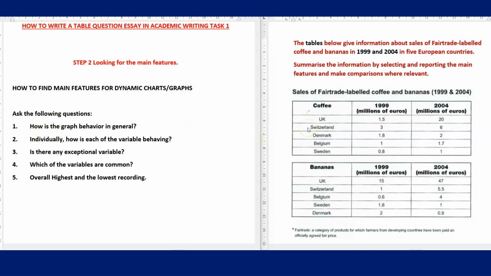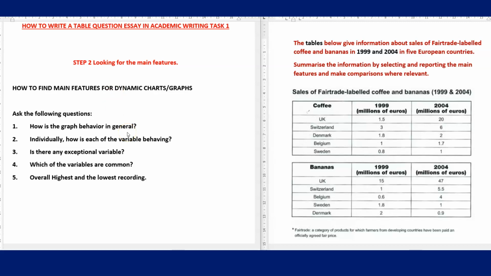I know that this is a table chart, and somebody would say let's just look into it and see. But if you look at a table chart, you have to approach it in a way that is very simple for you to deduce all the information in it. How do you get the total information on it? By using these questions, and that will be simple.